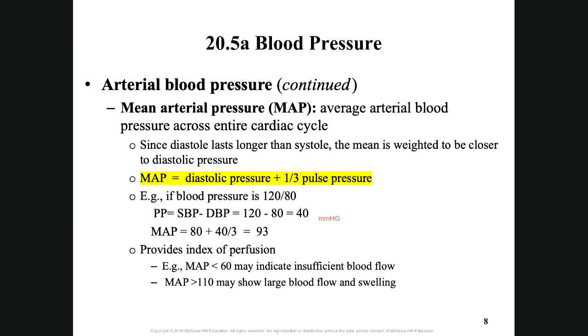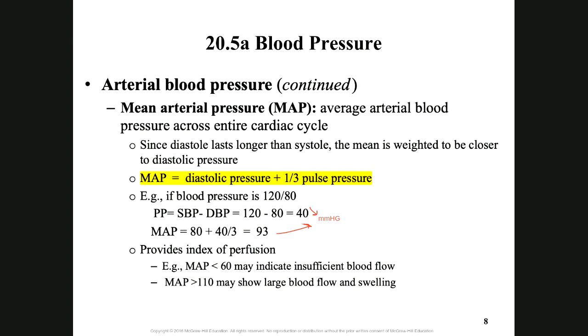And after that, when you have your pulse pressure, you can easily calculate your mean arterial pressure. 80, which is the diastolic blood pressure, plus 1/3 of pulse pressure, 1/3 of 40, and it's equal to 93. And again, the unit of your mean blood pressure is millimeter of mercury too. The unit is like your pulse pressure.